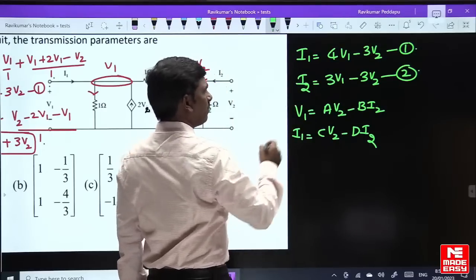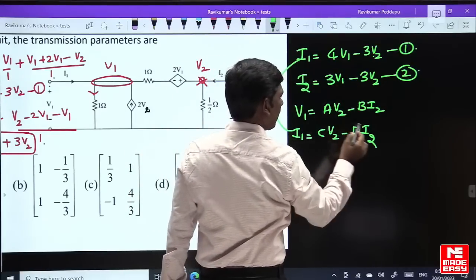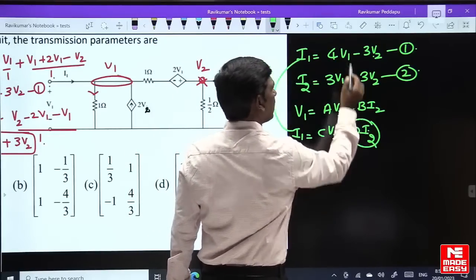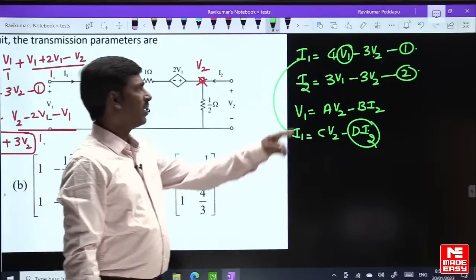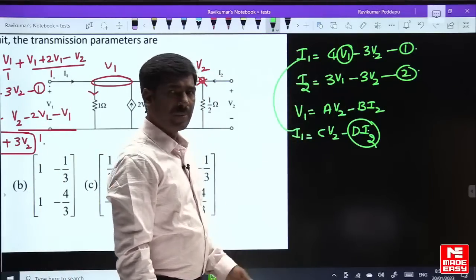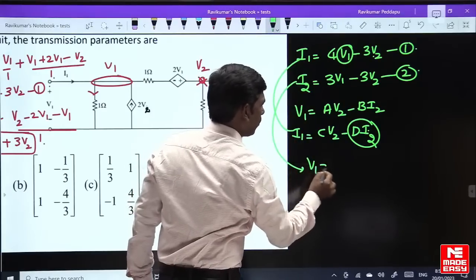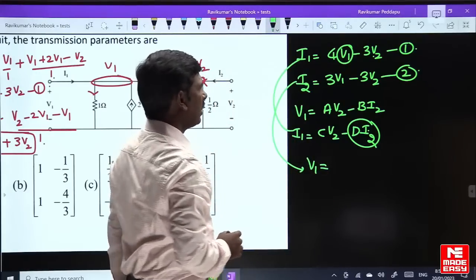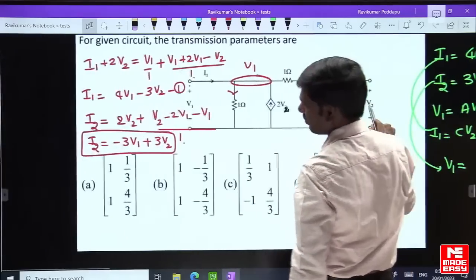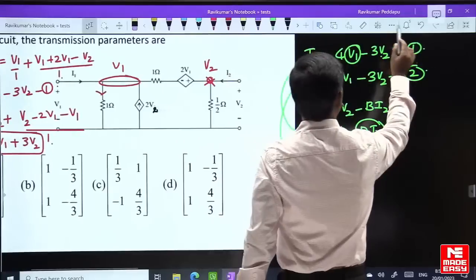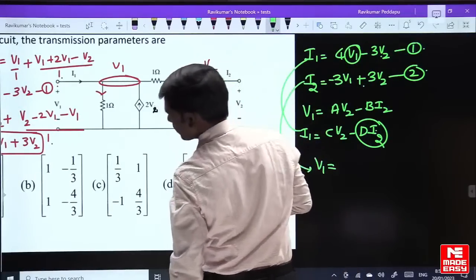So compare now. In I1, V2 and I2 are there, but V1 is also there. So V1 has to be replaced. How to replace it? Write V1 from the second equation: I2 is equal to minus 3V1 plus 3V2.